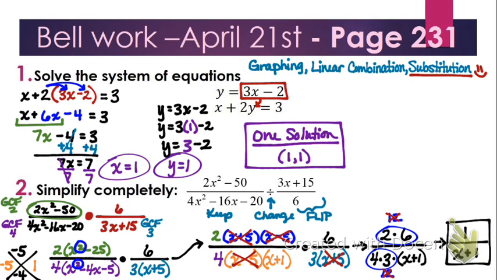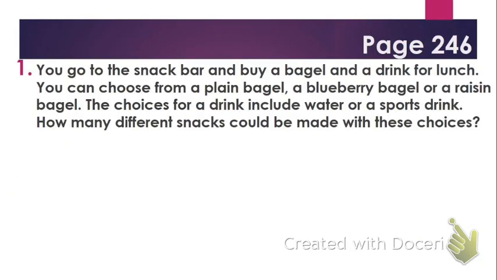All right. We are going to start our next unit today. I want you guys to flip forward in your books to page 246. We're going to look at a couple of these to get us started, and then we'll dig in a little further. Page 246. You go to the snack bar and you buy a bagel and a drink for lunch.